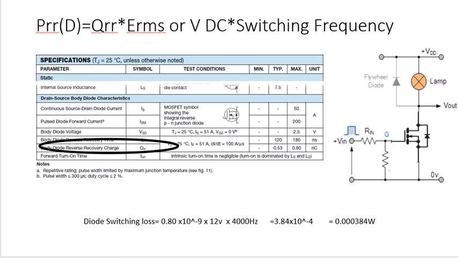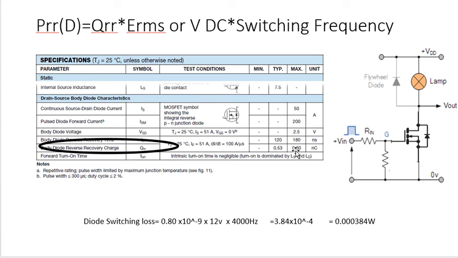And now we have the diode switching loss. To calculate the diode switching loss, you can see here this is a diode inside the MOSFET in reverse direction. You can see this diode symbol in datasheets available from the MOSFET manufacturers. Here we have to consider the diode reverse recovery charge, QRR, and we have to take its maximum value for calculation, because we always have to consider the worst condition.